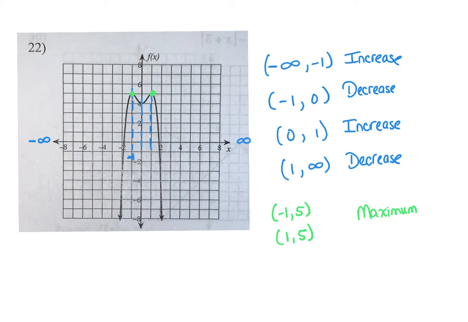These are absolute. They're absolute because there is nothing on the graph higher. So these are absolute maximums, all right? And I then also have a minimum right here at 0, 4. I have a minimum, but stuff is lower than that. So this guy is going to be relative.